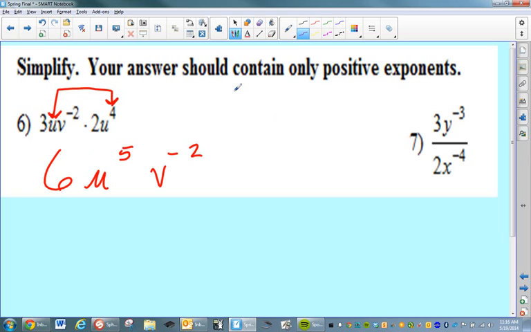Now I'm not allowed to have negative exponents, so what do I do with negative exponents? Yeah. If it was in the denominator, it goes to the numerator and becomes positive. If it's in the numerator, it goes to the denominator. Your final answer here is 6 u to the fifth over b to the positive.